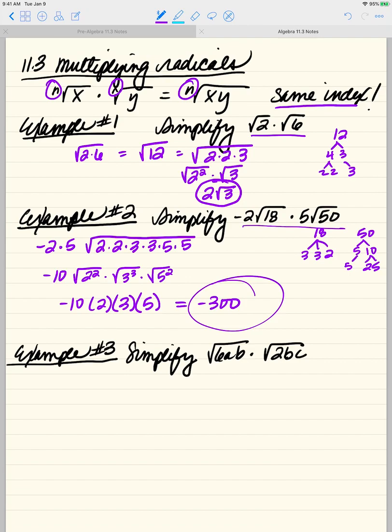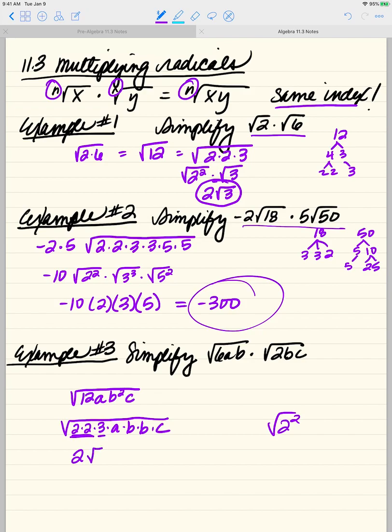Example number 3, simplify the square root of 6ab times the square root of 2bc. So when we multiply that, we get 12ab squared c. So 12 is 2 times 2 times 3 times a times b times b times c. Square root of 2 squared, I'm just going to write that as 2. I'm not going to write that out again because I think we're getting into the routine now.